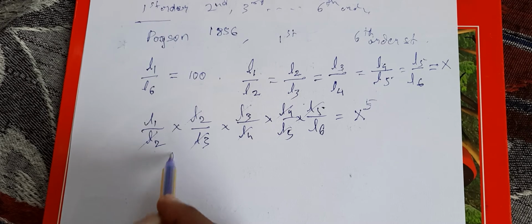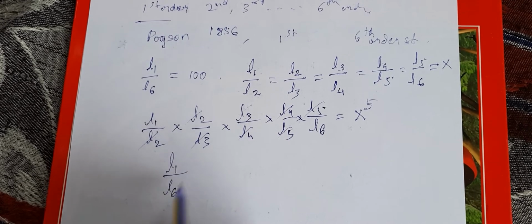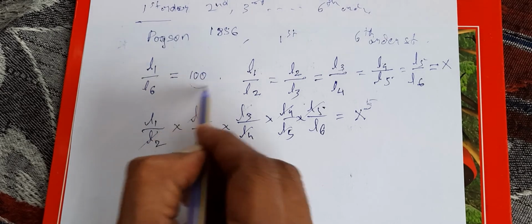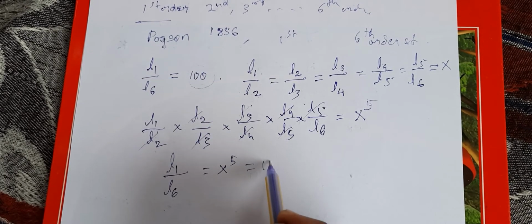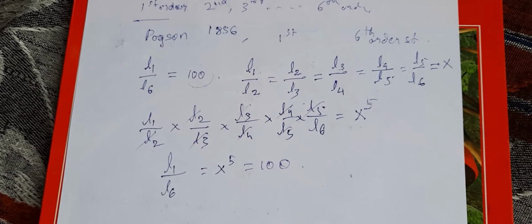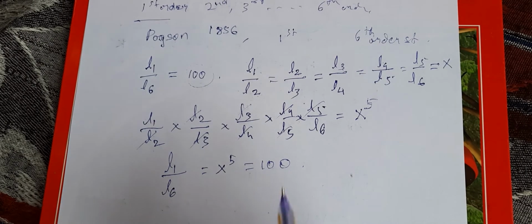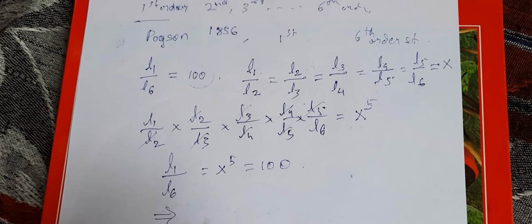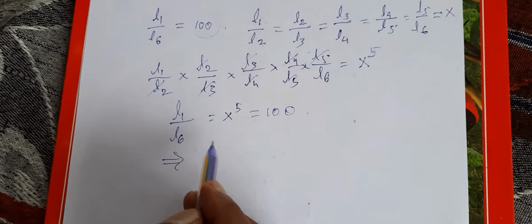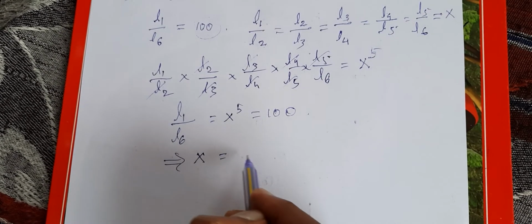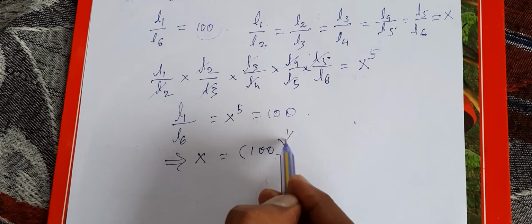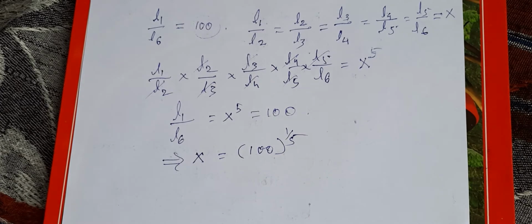What remains is L1 by L6 is equal to x to the power 5, which he assumed is equal to 100. So x is equal to the fifth root of 100.